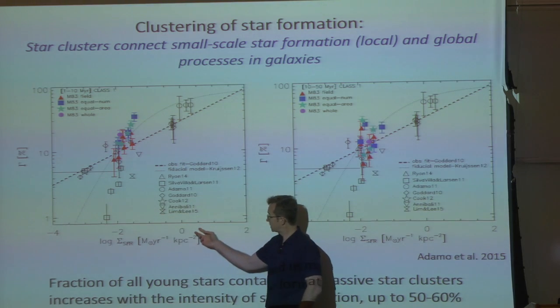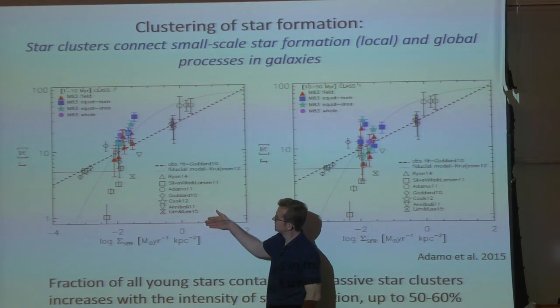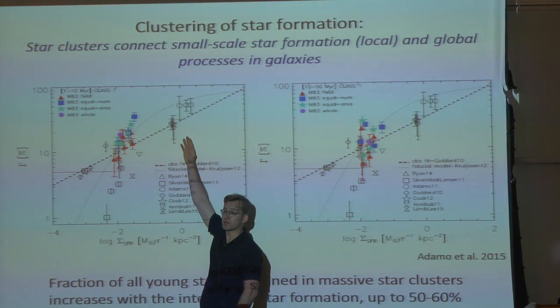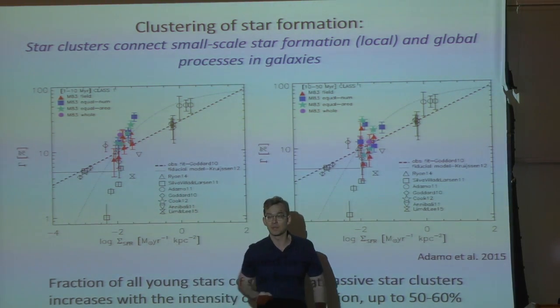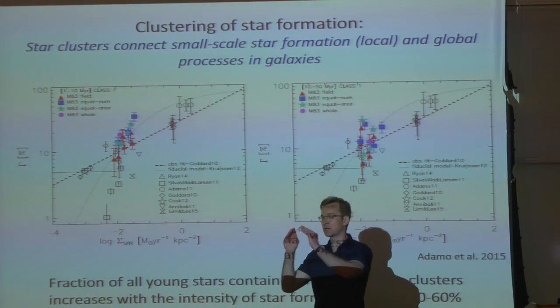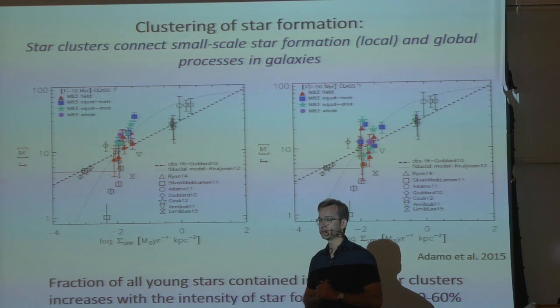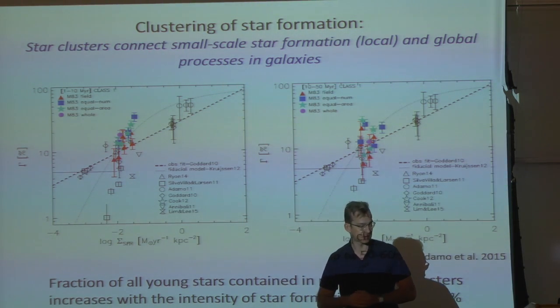And when the star formation rate is most efficient, at the highest density, the fraction of stars in clusters, these points, gets to a very high value, to 50 and 60%. So the majority of stars in the most actively star-forming regions all around us that we can observe is forming in these massive star clusters.